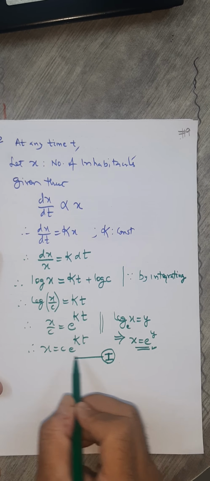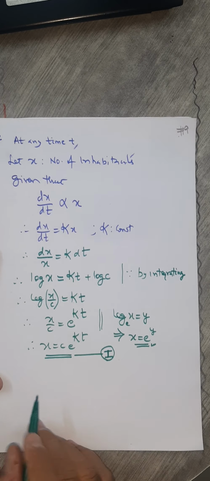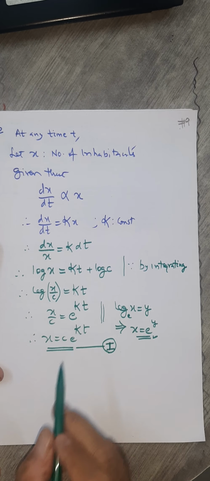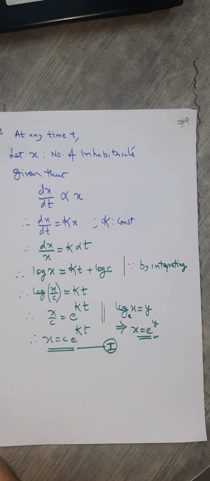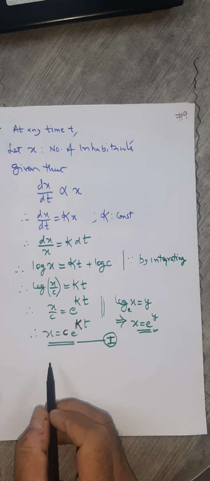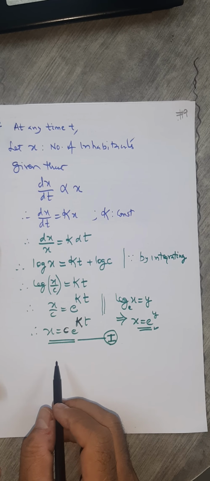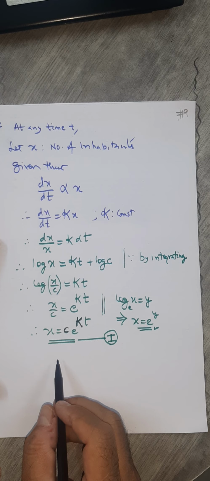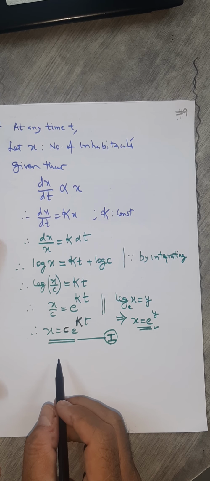Let me call this as 1 here. What are the unknowns there? C and k. C is an arbitrary constant, k is that fixed constant. So we must have two conditions in the question, so we need to get the constant c as well as k, remember. Now what's the first condition? The population of the village was 20,000 in 1999.